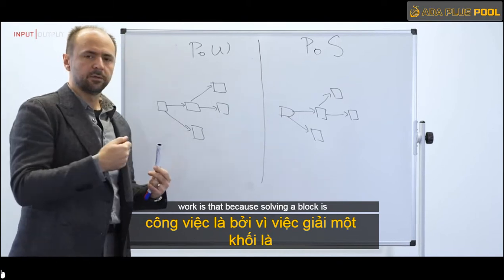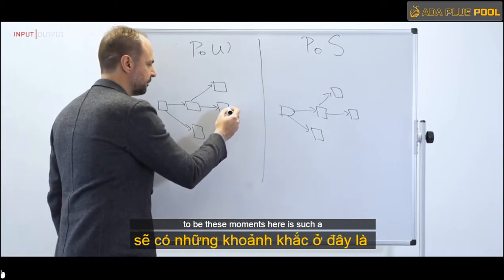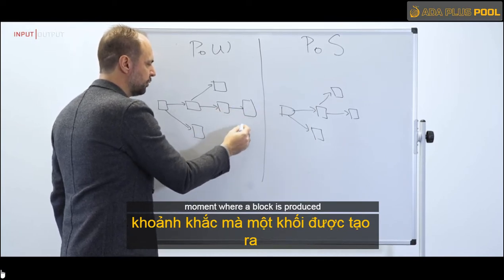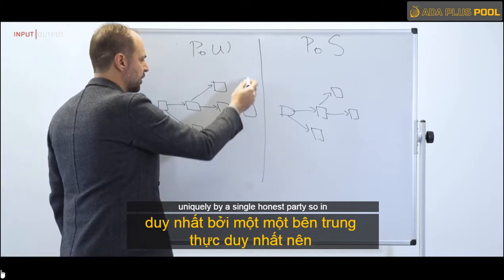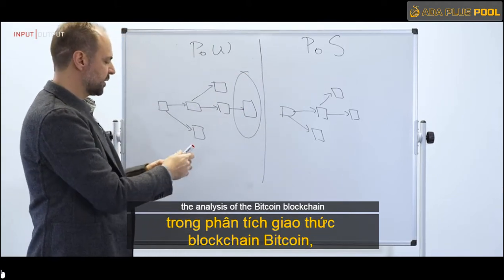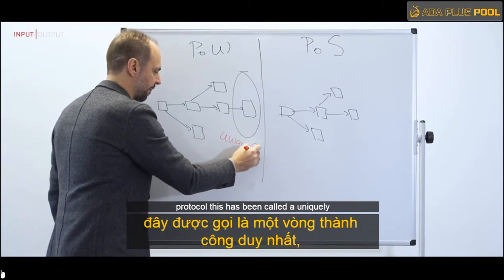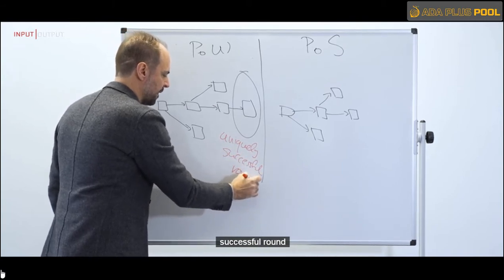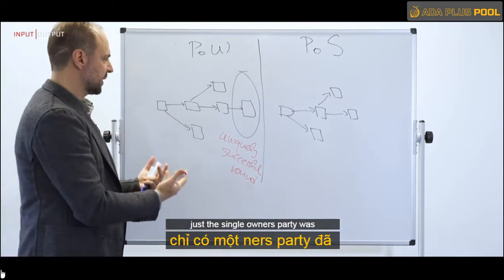Now what happens in proof of work is that because solving a block is a moderately hard problem, there are going to be these moments. Here is such a moment where a block is produced uniquely by a single honest party. So in the analysis of the Bitcoin blockchain protocol, this has been called a uniquely successful round. So basically it's a period of time where just a single honest party was successful.